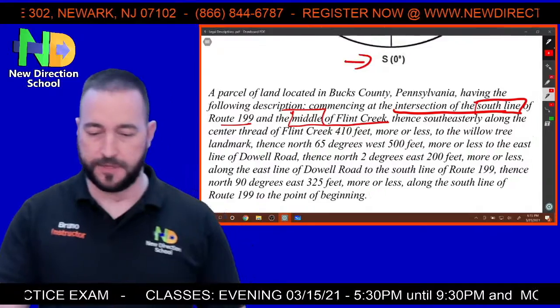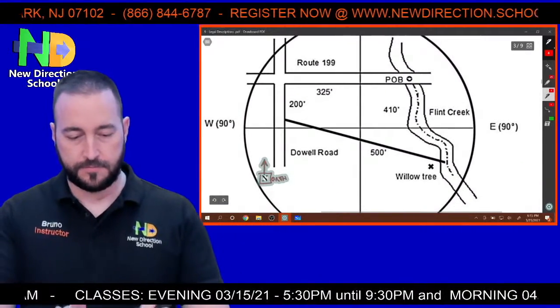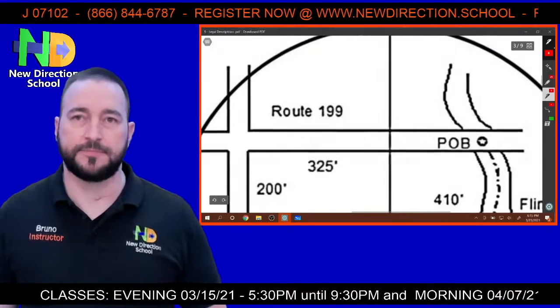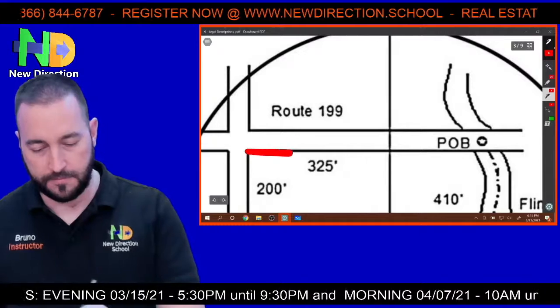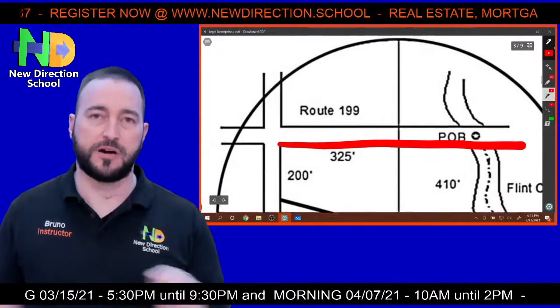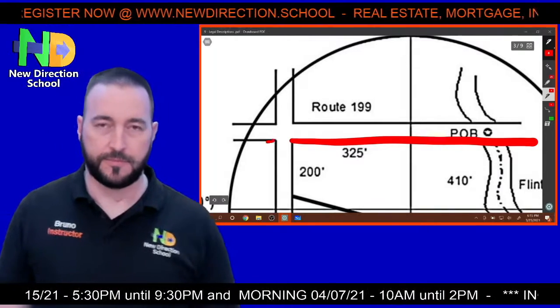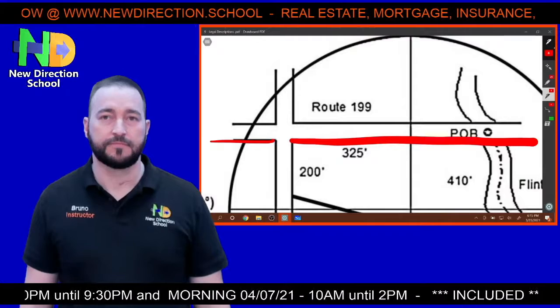So let's go over here real quick. This is Route 199. South line, obviously, is this one, right? But if you guys notice, beyond this street, it continues. So where does it start? Where's our property?